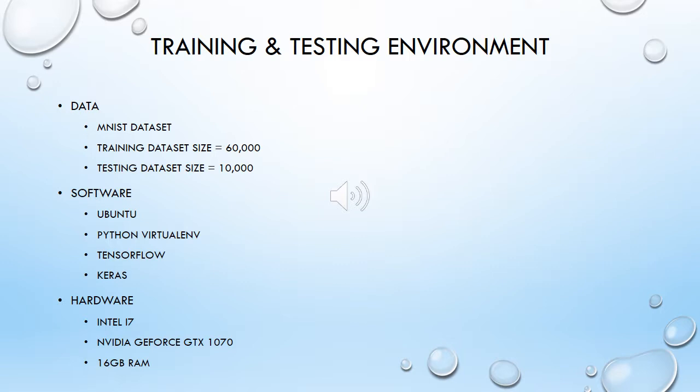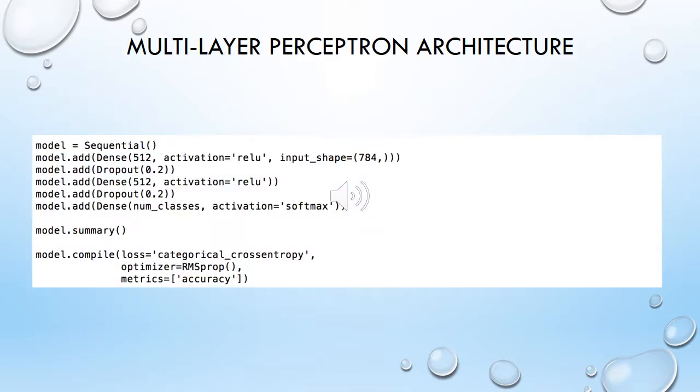It has the NVIDIA drivers, and uses TensorFlow and Keras. The hardware is an Intel i7 chip, and the thing that really gave me a lot of computing power was the NVIDIA GTX 1070 card, which has 16 gigabits of RAM on it.